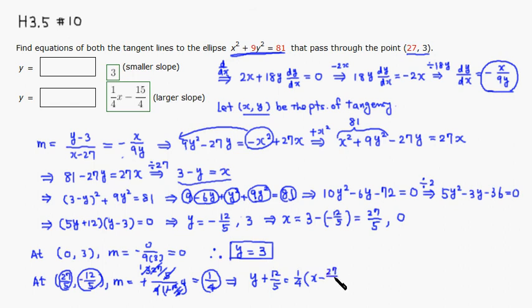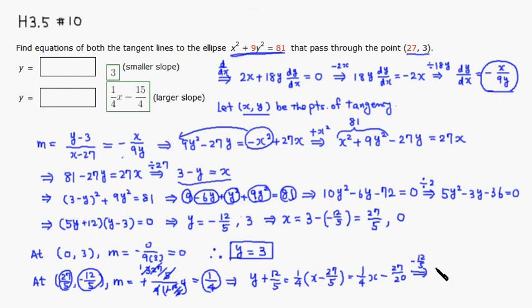But we can simplify that a bit, so it's going to be 1 over 4 x minus 27 over 20, right? Then we can just subtract 12 over 5 from both sides.